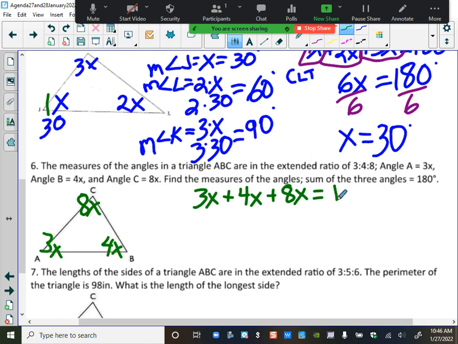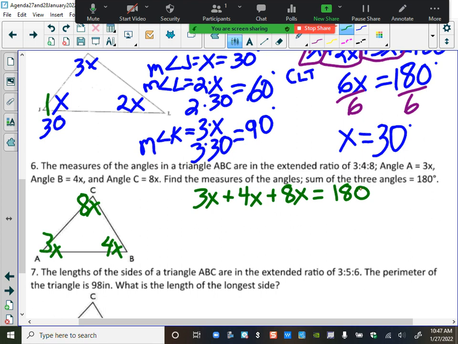Does everybody understand where we're getting these steps? So the angle measures, angle A, angle B, and angle C have to add up to 180. That's where you get this part.